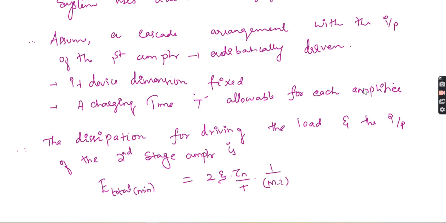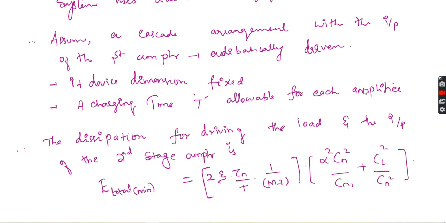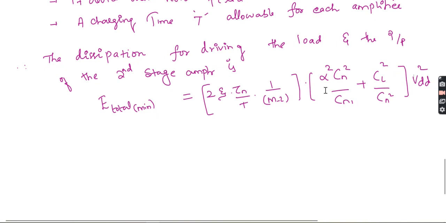Mi minus 2 into alpha square Cn2 square divided by Cn1 plus Cl square divided by Cn2 into VDD square. This is the minimum power dissipation for driving the load and the input of the second stage.